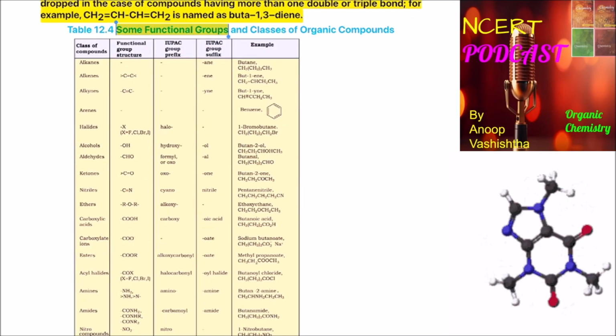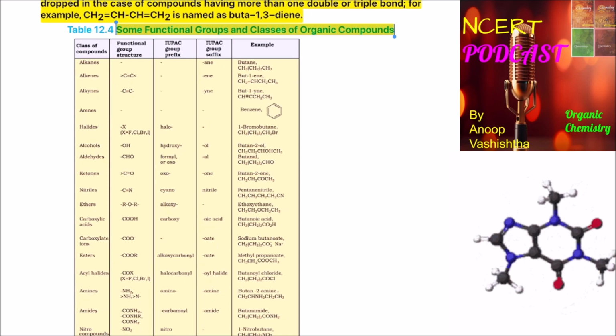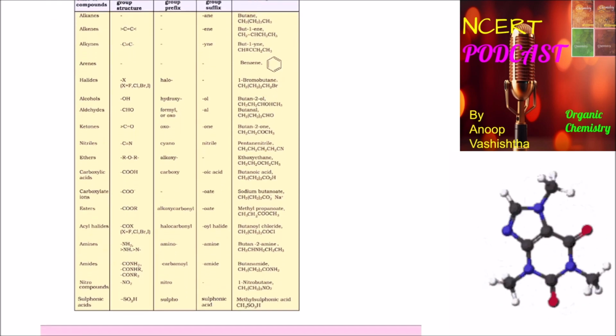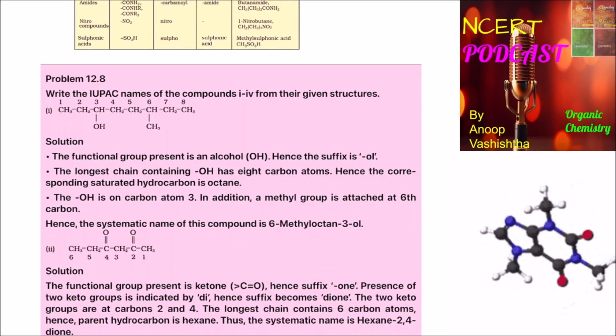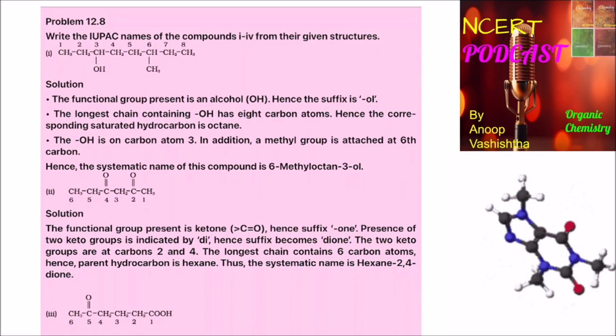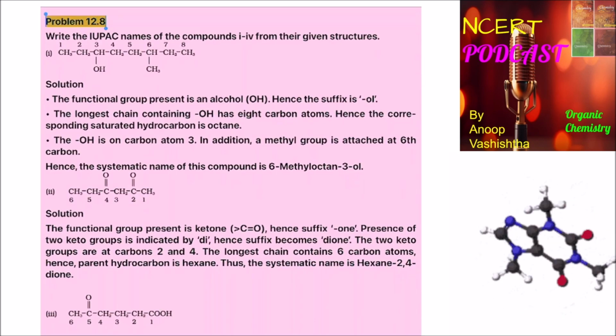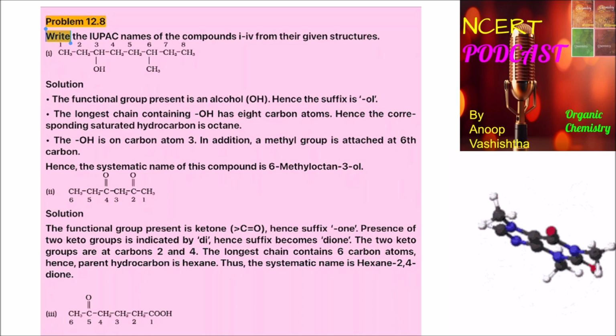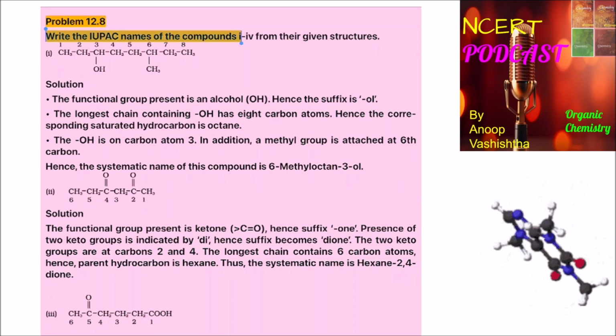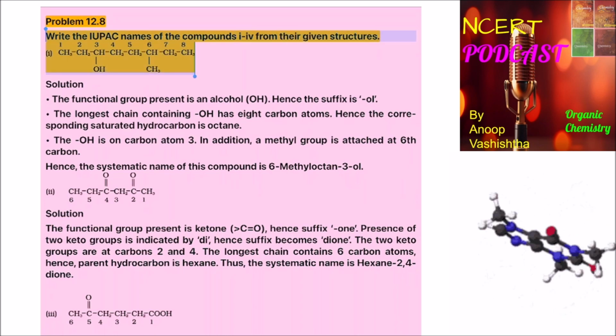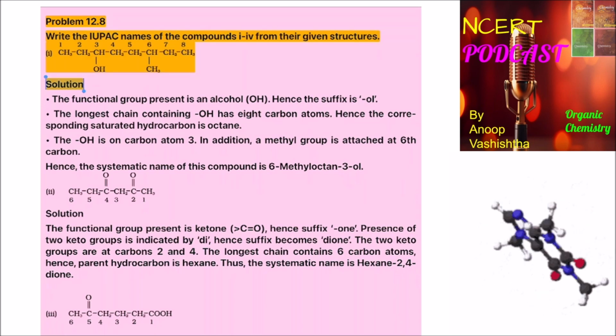Some functional groups and the classes of organic compounds. Problem 12.8. Write the IUPAC name of the compounds 1 to 4 from their given structures. Solution.